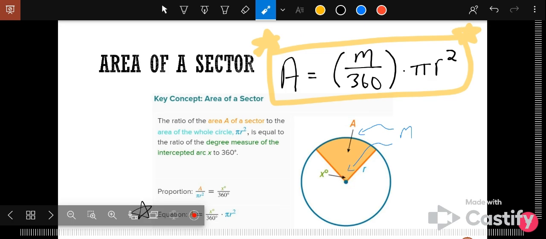Either way, it's out of the total circle, which is 360, so the measure divided by 360. I suggest, if you're using Desmos or a good calculator, putting that number inside parentheses and then hitting times pi. And I would probably use parentheses again for entering the radius, unless you can square it in your head.